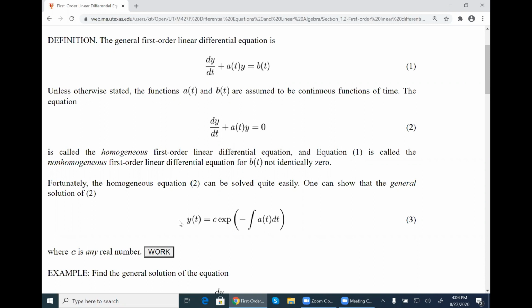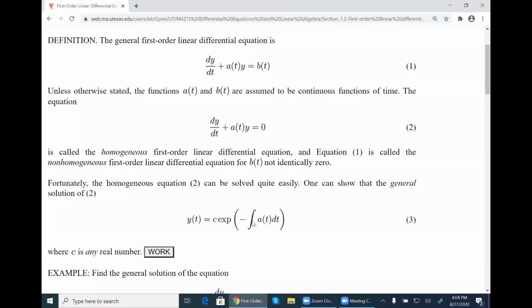So the general solution of this equation is y of t is equal to c, where c is any real number, times exp, the exponential function: we raise the number e to this power.